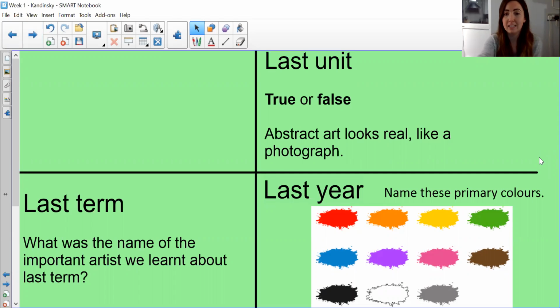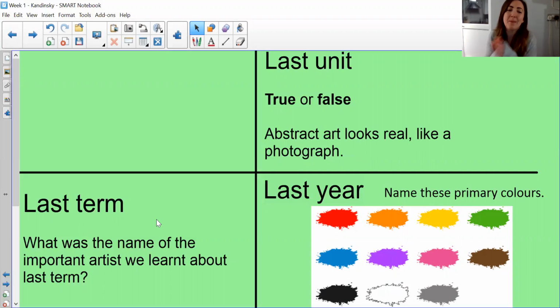As a little recap, we've got some questions about things that we've already learned about in art. For our last unit question, true or false: abstract art looks real, like a photograph. And now a question about last term.